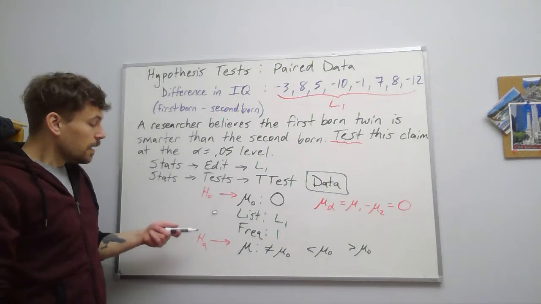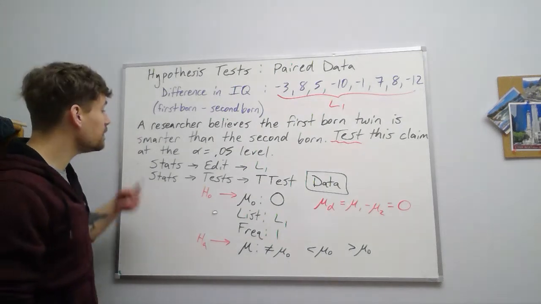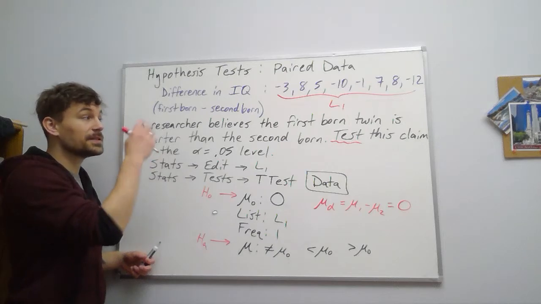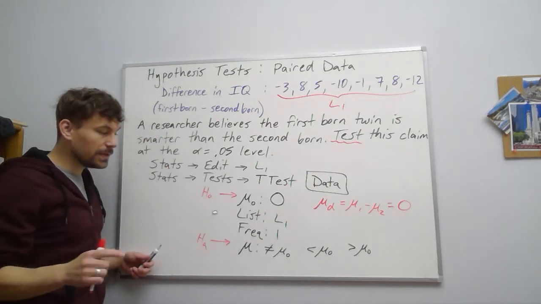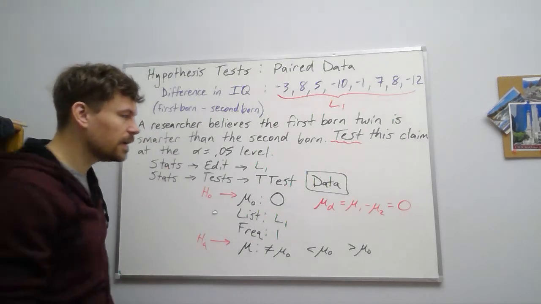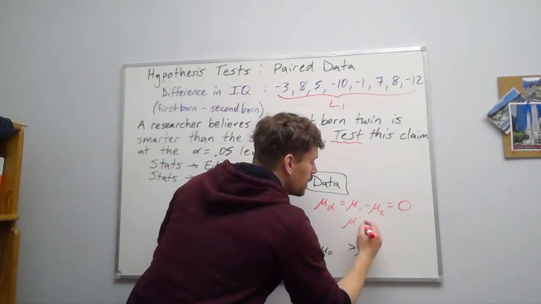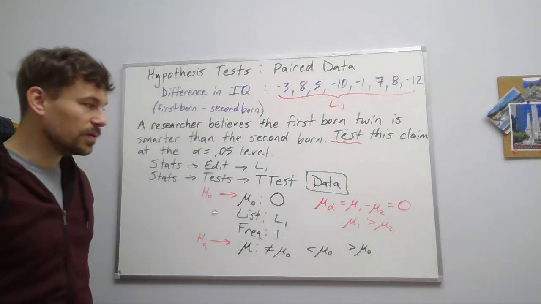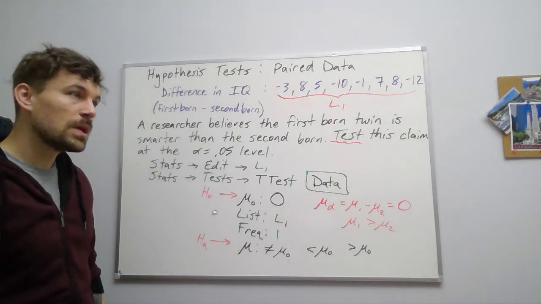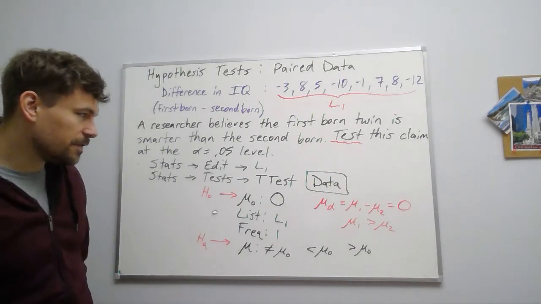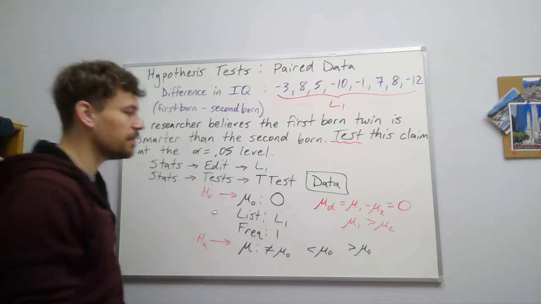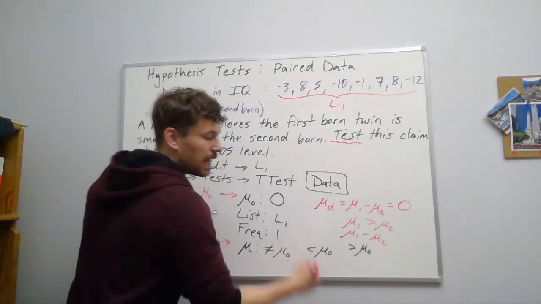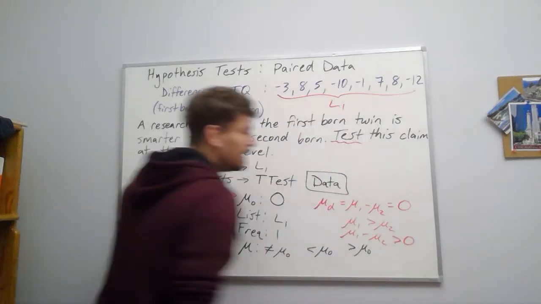For the alternative, if there's some reason to think that the firstborn twin is smarter, what you're really saying is, I think that mu1 is greater than mu2. We have to frame it a little bit differently. So I think that mu1 minus mu2, if we subtract that over, is greater than 0.